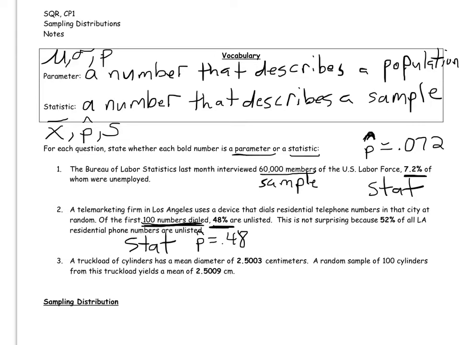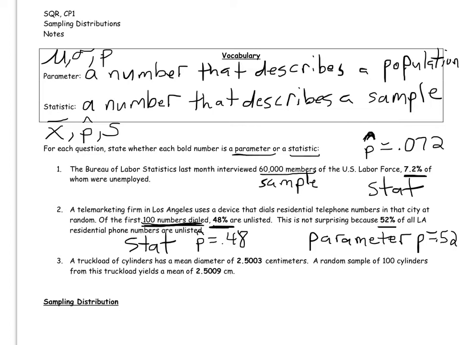The other number in this problem, this 52%, that's a parameter because that number is describing all the people in LA. I would denote that as p equals 0.52. Notice I'm using different symbols to differentiate between statistics and parameters.